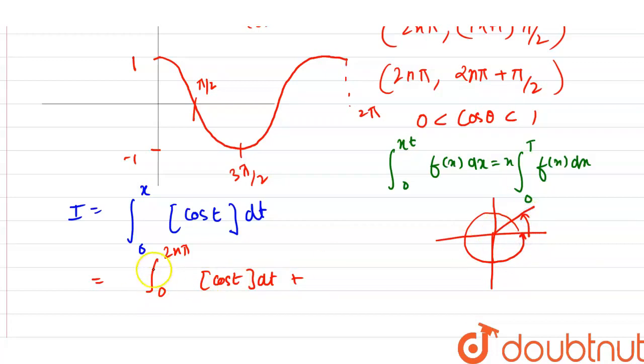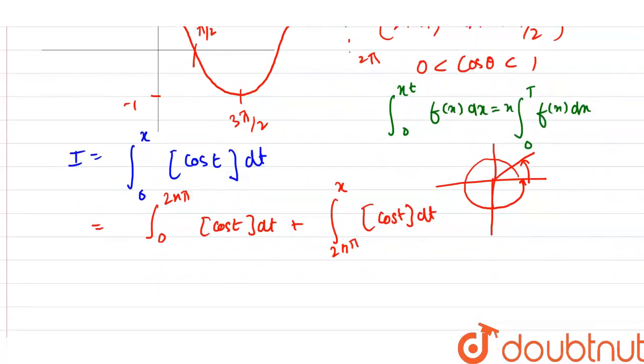So this is going to be our whole 360 and this is going to be our theta, which is saying 2nπ up to x of cos t dt. So this thing is going to be 0, so this whole thing got cancelled, but we have to modify the first part.